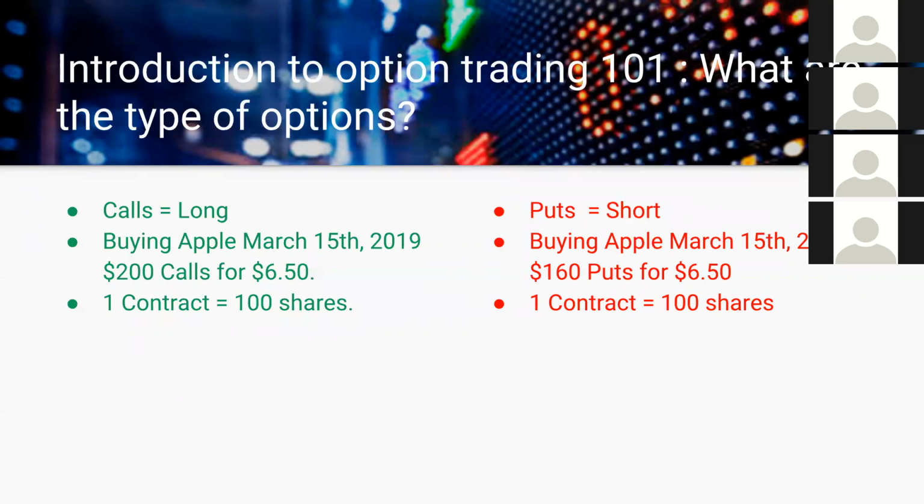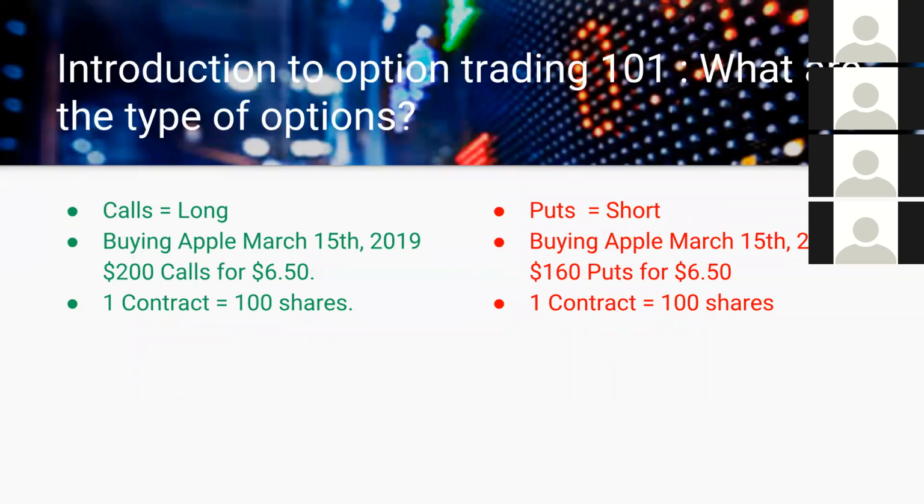So you have to time yourself correctly when you purchase an option, because if you buy an option 4 or 5 months out and Apple goes down or doesn't move, your option will pretty much be worthless. But if it goes above and beyond to 220, 230, 240, you can make a fortune. So that's a call example.